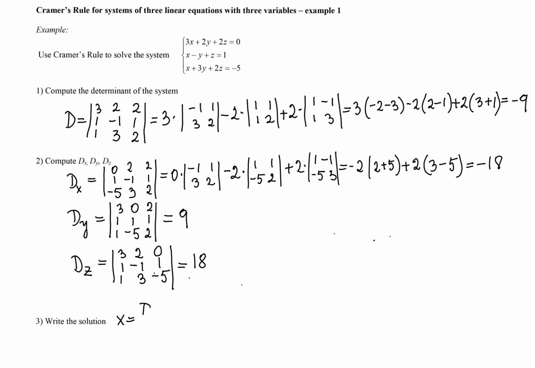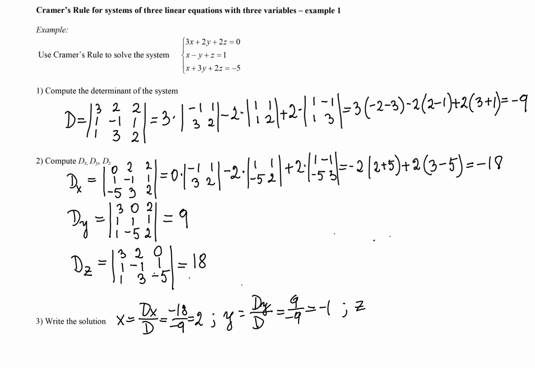x is dx over d. So this is -18 over -9, and that value is 2. The y is d sub y over d, and dy is 9 and d is -9, so y is -1.